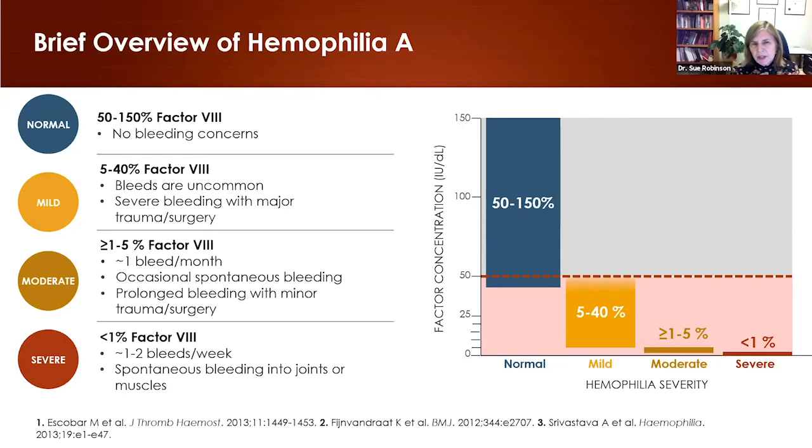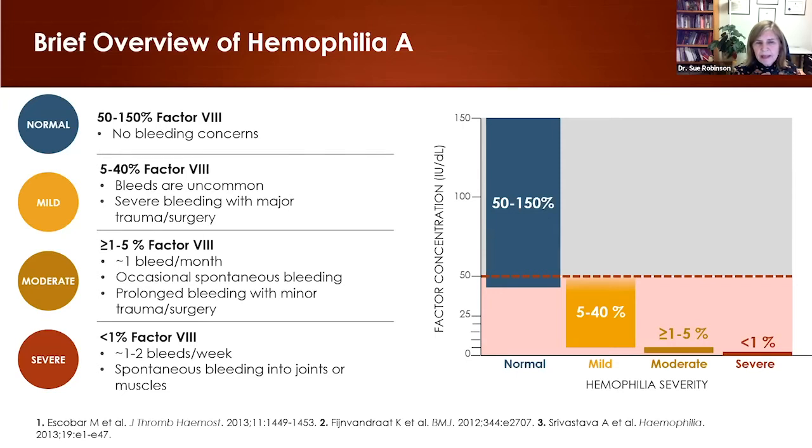In this group, bleeds are uncommon, but certainly with major trauma or surgery, there can be bleeding. And occasionally these patients are not identified till they're older, and sometimes it's actually the symptomatic carrier in the family that presents first, and then we find out that there's some males in the family that are affected.